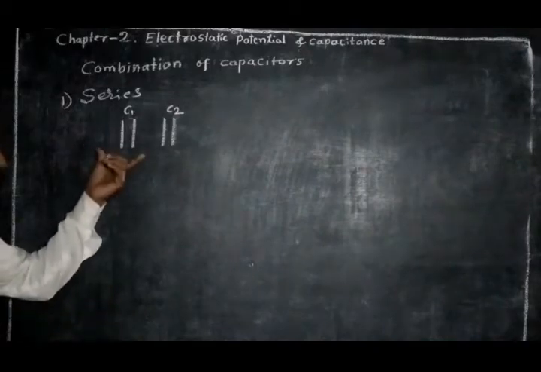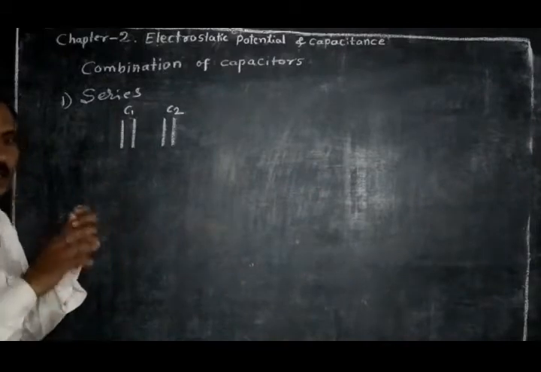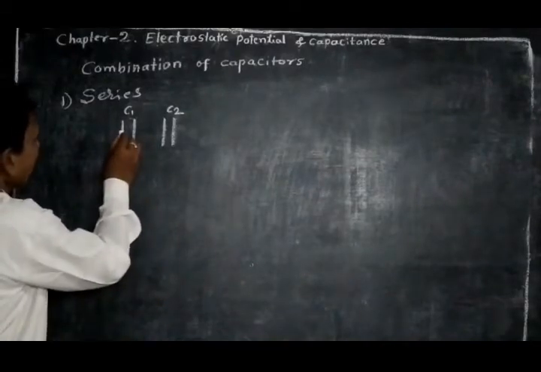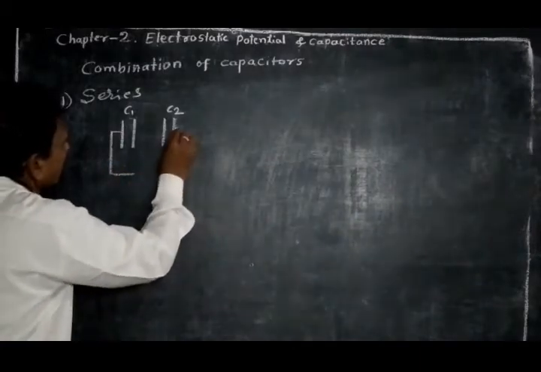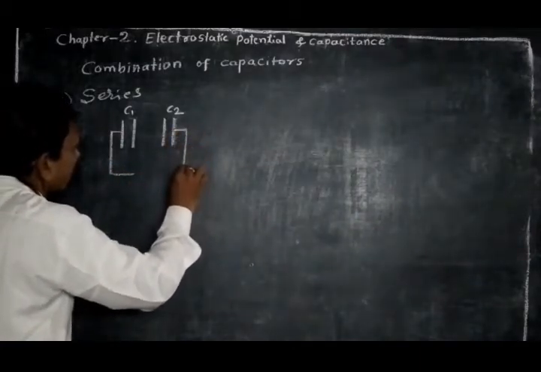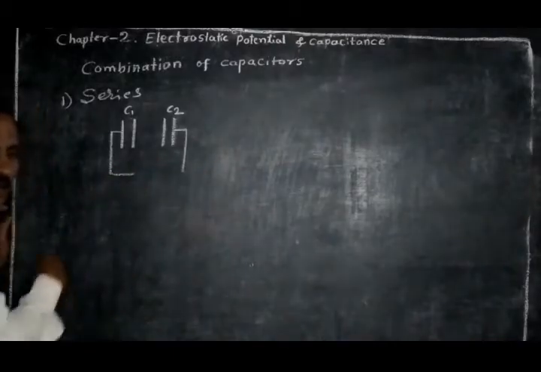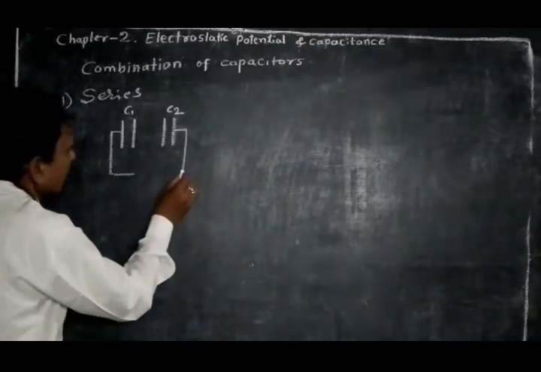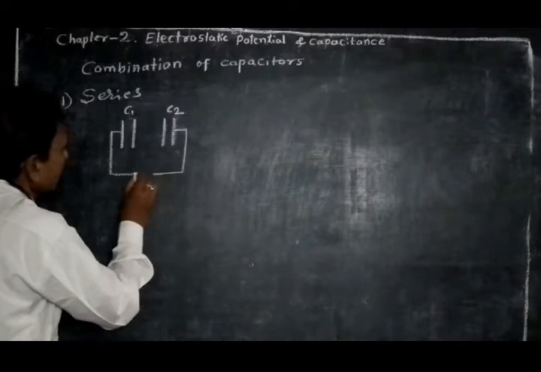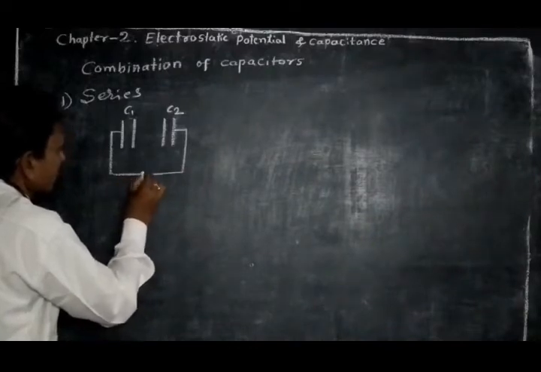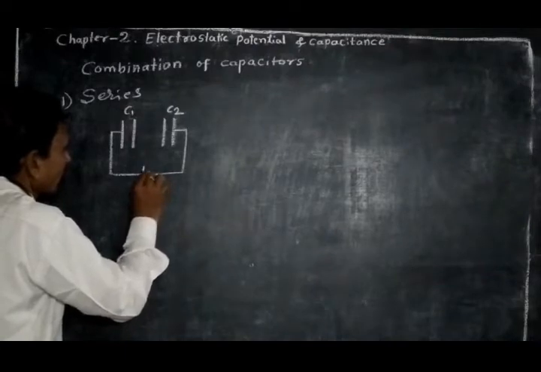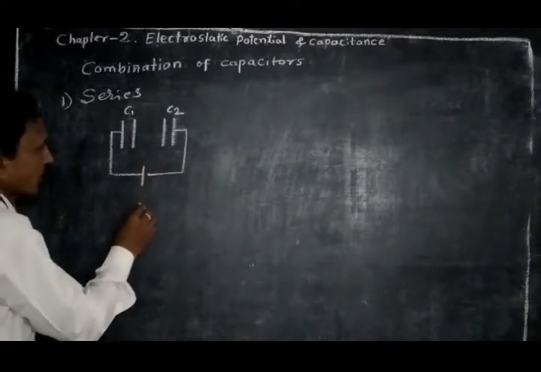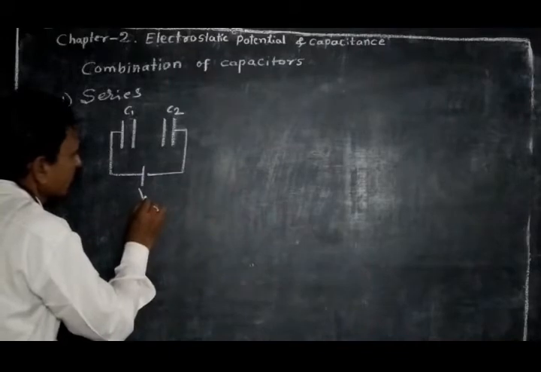The series combination is one in which the capacitors are connected end to end. One end of a capacitor is connected to one end of another capacitor, and the combination is connected with a battery or cell of potential difference phi.